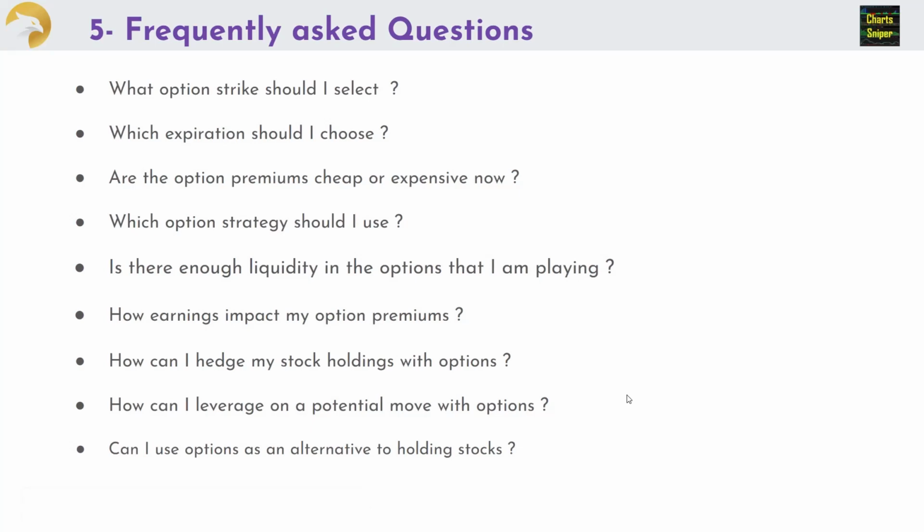So can I use options as an alternative to holding stocks? Sometimes holding stocks becomes very risky, especially when it goes into a binary event. So options might be a good alternative to holding stocks into these binary events, so that there is a defined risk.